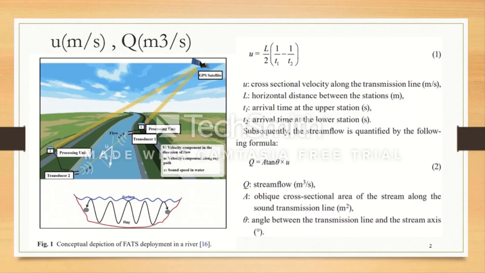The area can be calculated simply, and the angle is between the transmission line and the stream axis. The transmission line is the line we see marked by U, and the stream axis is shown by V in the picture. The difference between these two axes is theta.